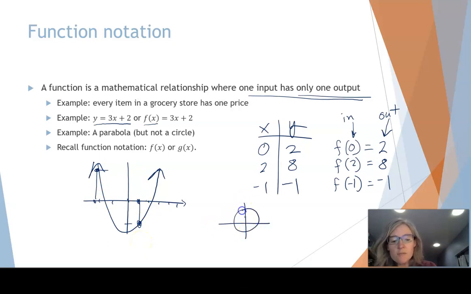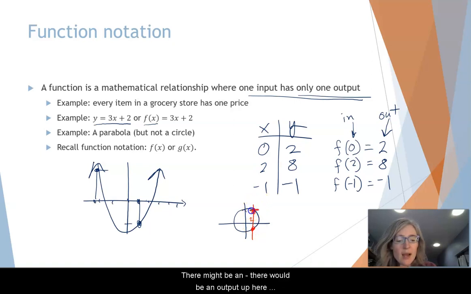A circle is not a function. And the reason why is because if we looked at a given input, it actually would have two outputs. If I plugged in 2 for x, there would be an output up here and down here. And I'm making up numbers. Let me not do the number 2. But for this x value, there would be 2 y values. That means this is not a function.